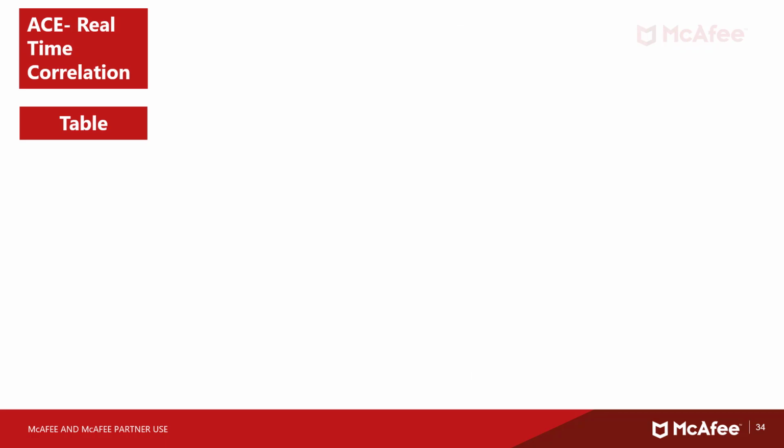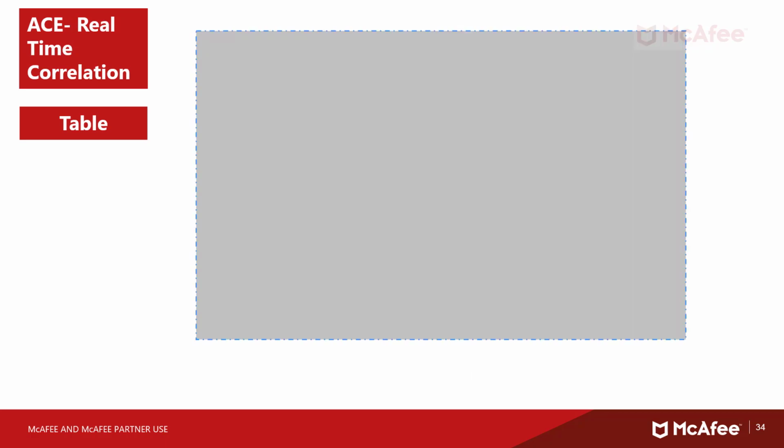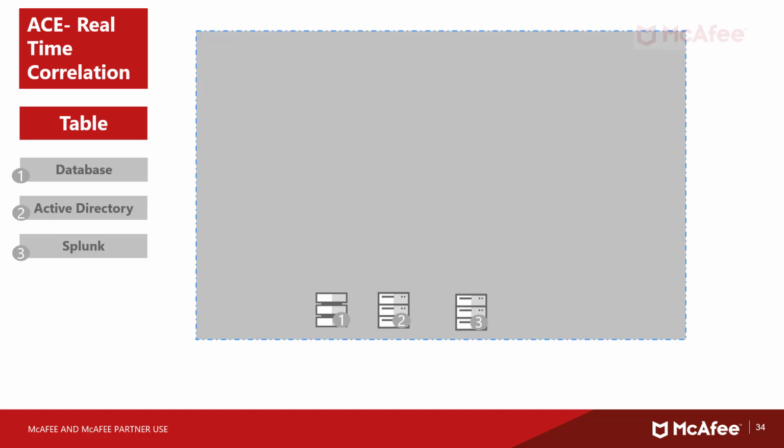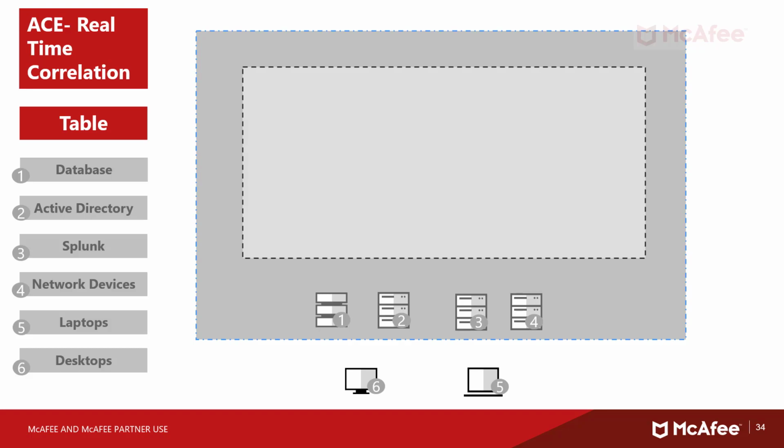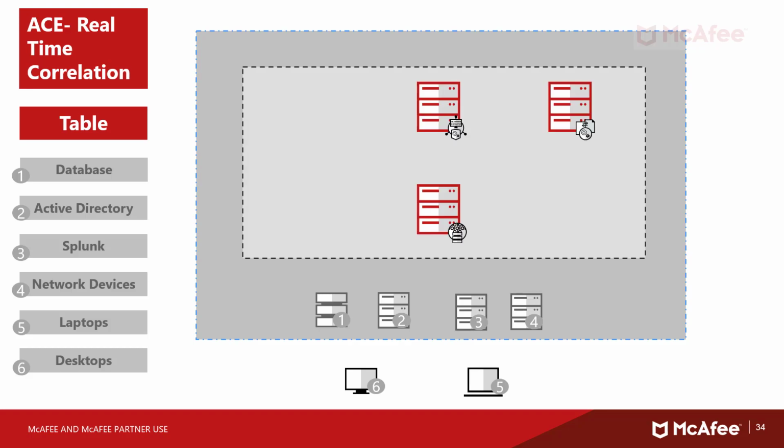Now let's take a look at ACE real-time correlation and how that's set up. So we have the exact same environment with ESM, ERC, ACE, and ELM in its own location. The data sources are still set the same. Now the raw data is still sent to the ELM.